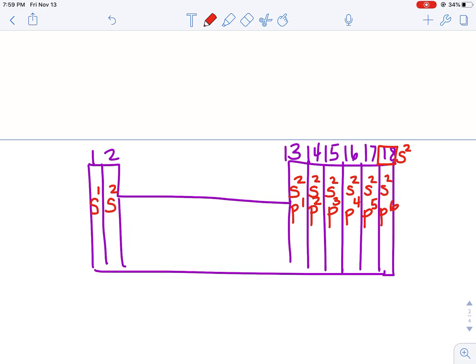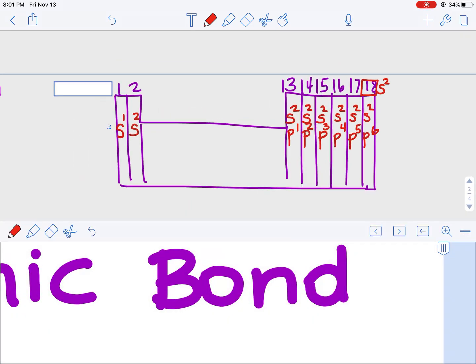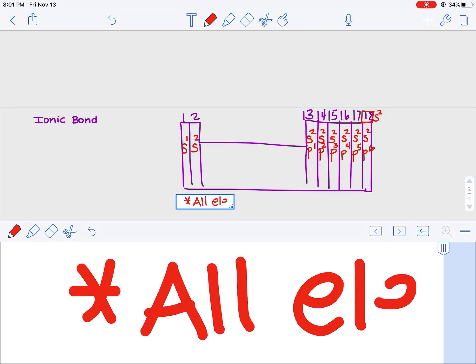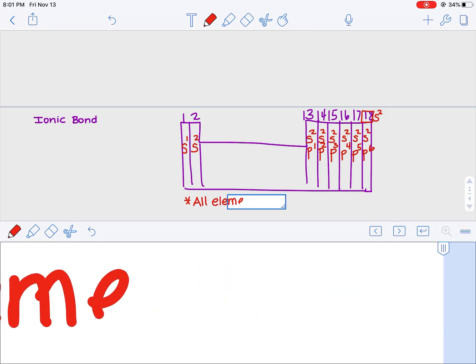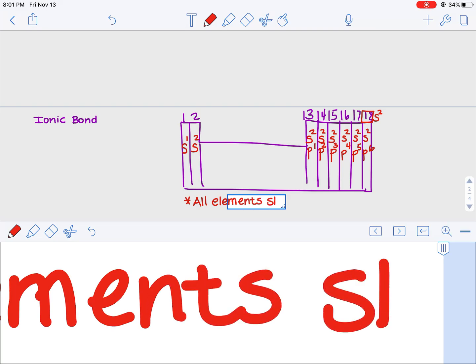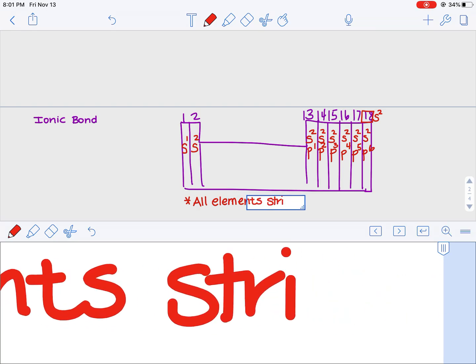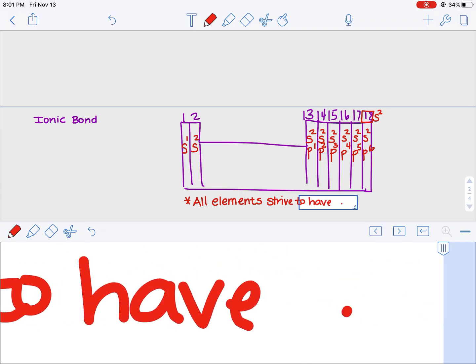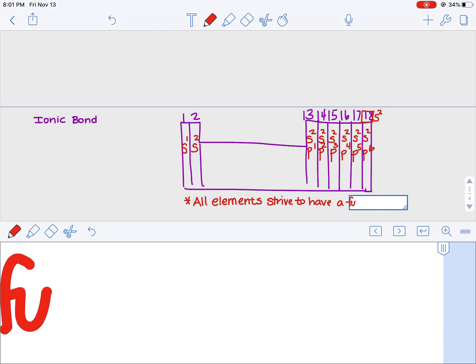Now, with all of bonding, not only is a guiding principle that the valence electrons are going to be involved in it, but it's also that every element is striving to have the valence shell configuration of a noble gas. Key concept here. All elements strive to have a full valence shell.